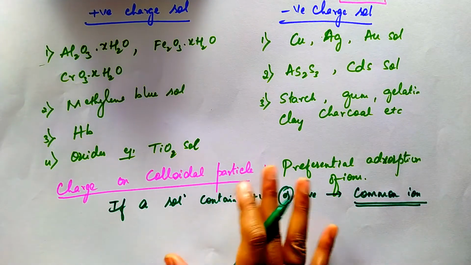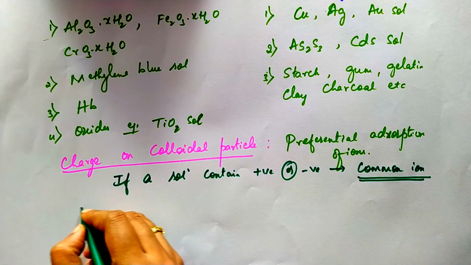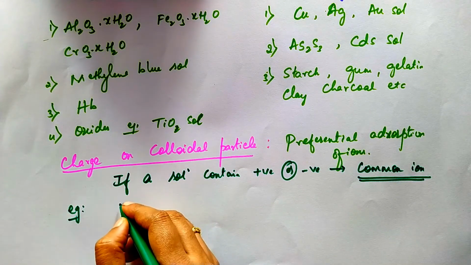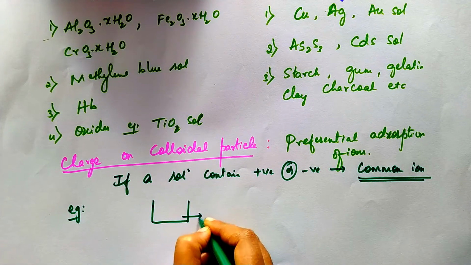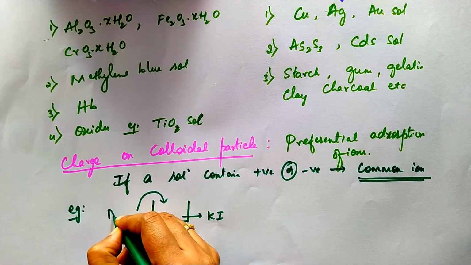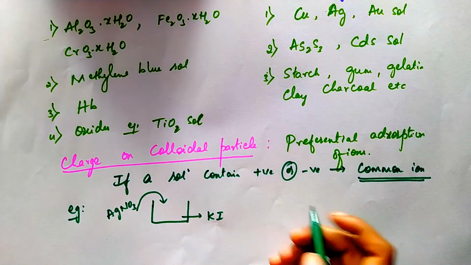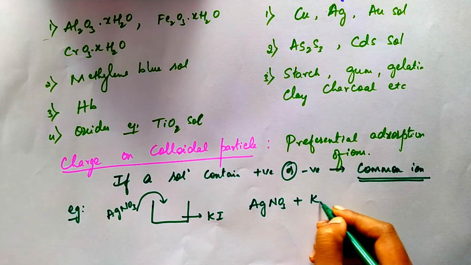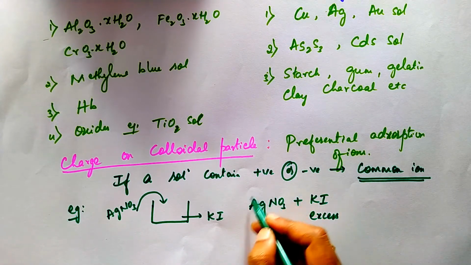So I'll give an example, then the concept will be clear for you. I am taking a potassium iodide solution, and to this I am adding silver nitrate solution. I'll write the reaction here, AgNO3 plus KI. The KI is in excess amount, it acts as the solute.